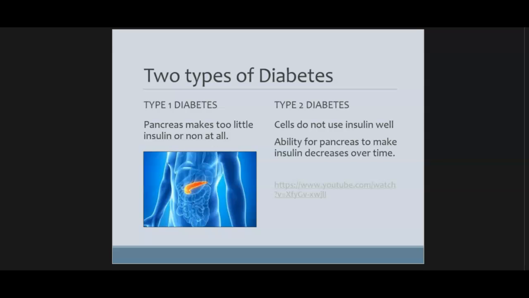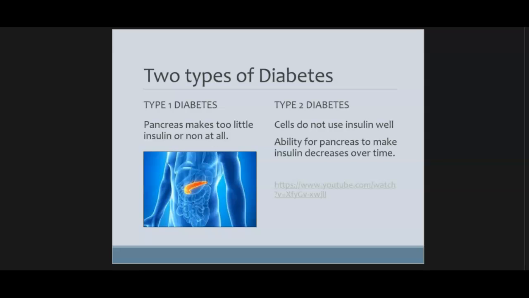They are going to have to take insulin for the rest of their lives. And type 2, on the other hand, is when generally there's enough insulin being made, but the cells just don't utilize it appropriately. With this type, the pancreas could stop making enough insulin over time, and they could end up needing to take insulin. But they don't always have to take insulin in the beginning.